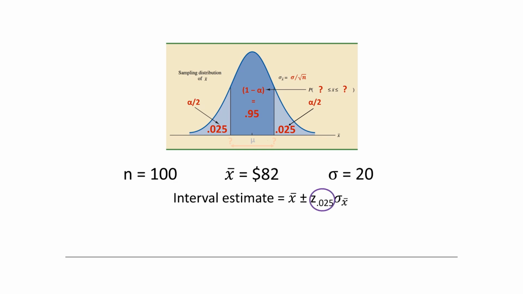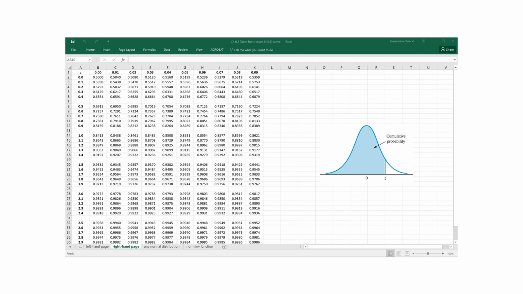The z-value we're looking for, z.025, is such that the probability of any z-value greater than or equal to it is 0.025. The table inside the front cover of our text gave us z-values and corresponding cumulative probabilities.